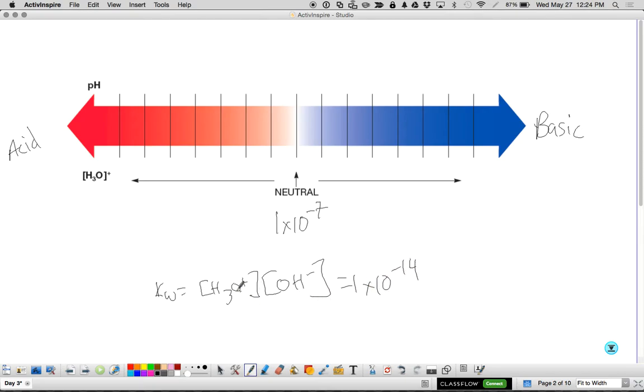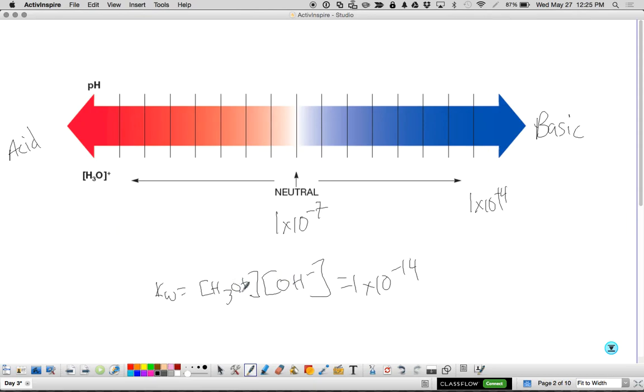So at its most basic, if you really don't have any of this, you'd have basically all hydroxide. So at this point, your concentration of H3O+ is going to be 1 times 10 to the minus 14. Now you could go less than that, all right, you could go less than that, but I'm picking that number for a reason.